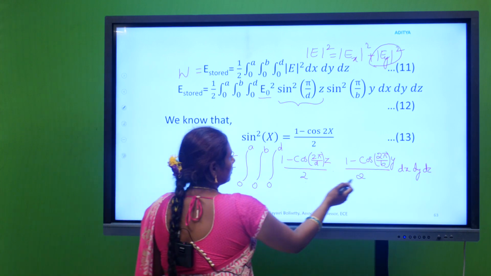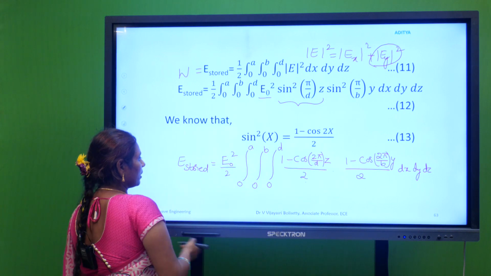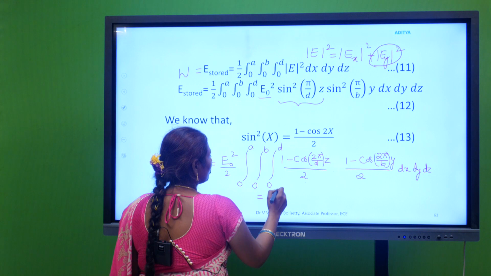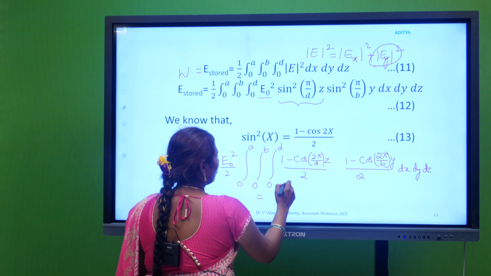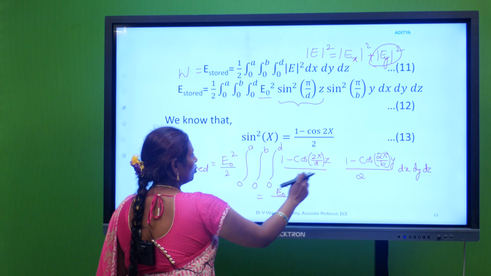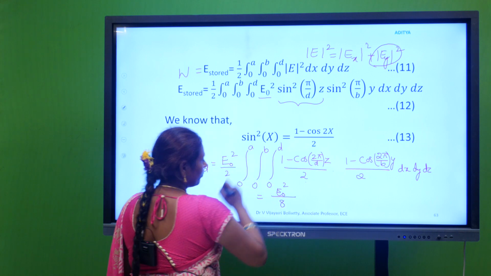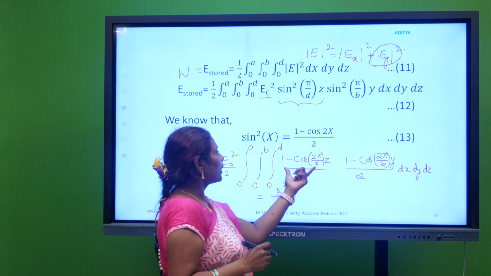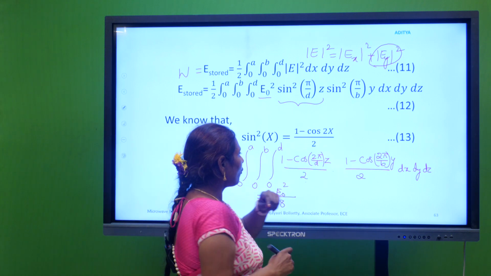So these denominator 2's we can take out of this integral, and simply this energy stored we can write as E naught square by 2 cube, that is E naught square by 8. Here it is a function of z and it is a function of y.